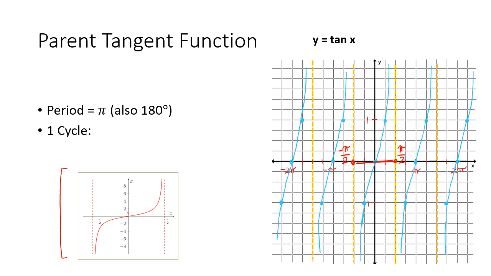That tells us our period. So that's what our tangent graph looks like. Again, if you zoom in and zoom out, it looks a little bit different, but overall you're always going to have all of these vertical asymptotes and this curve going from left to right upwards. That is tangent.